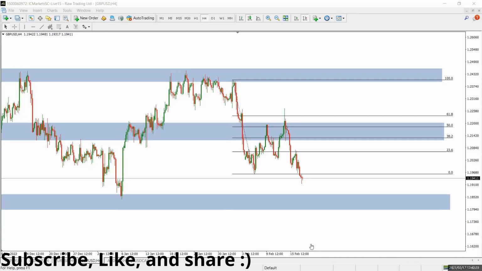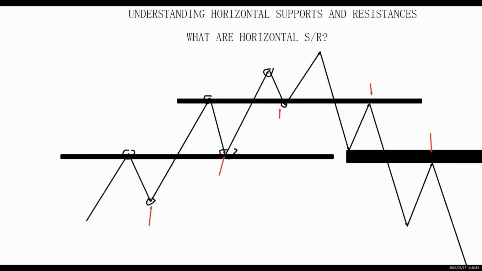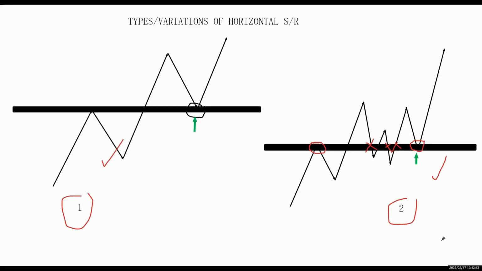So in summary, what have we been able to do so far? Let's get back to the whiteboard. We defined what horizontal support and resistance are. We highlighted the basic principle. We identified the types of variation with live examples and back-tested examples.